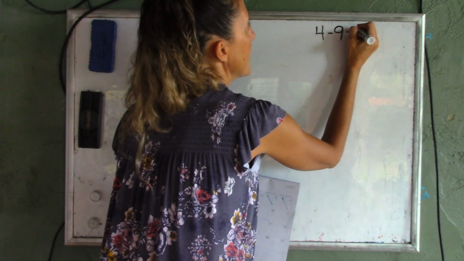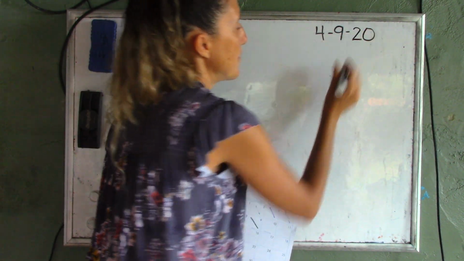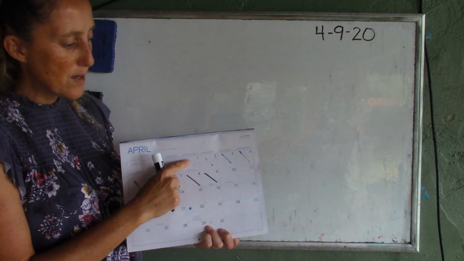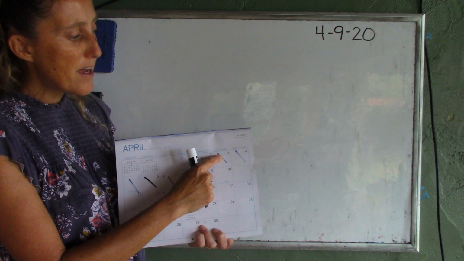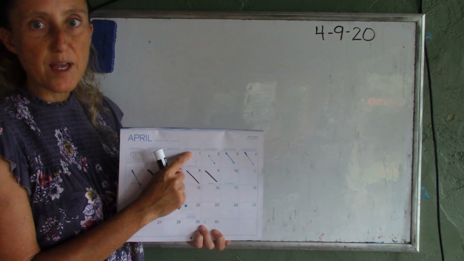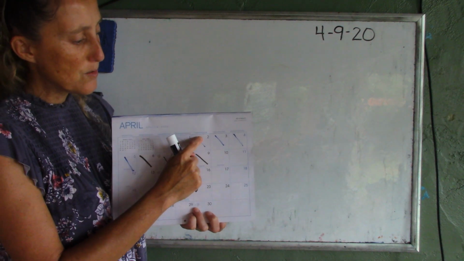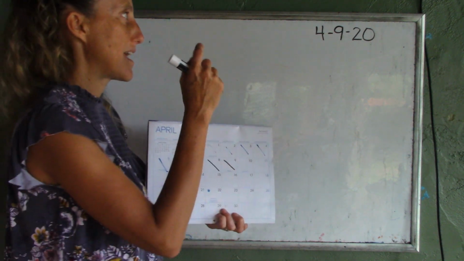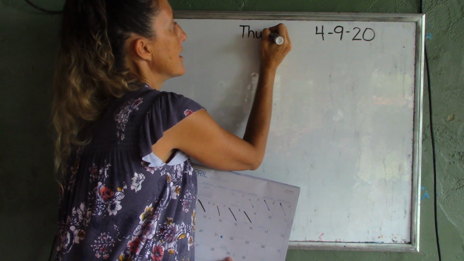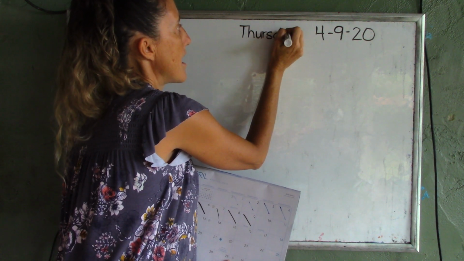All right, so let's do the days of the week. Sunday, Monday, Tuesday, Wednesday, Thursday, Friday, Saturday. If yesterday was Wednesday, then today is Thursday. So today is Thursday, April 9th, 2020.